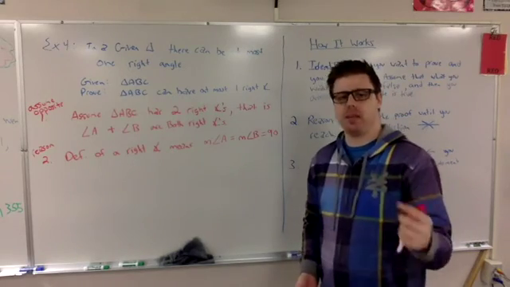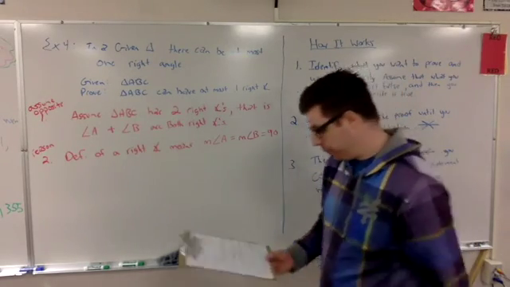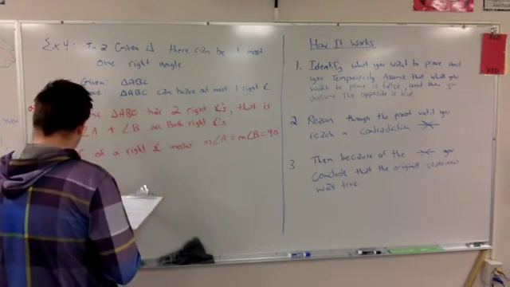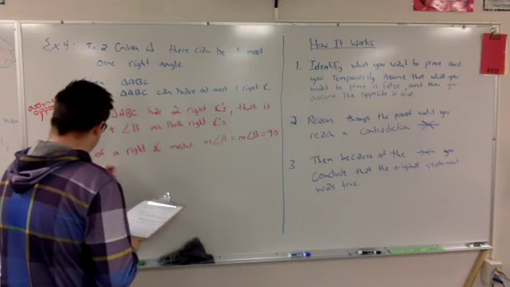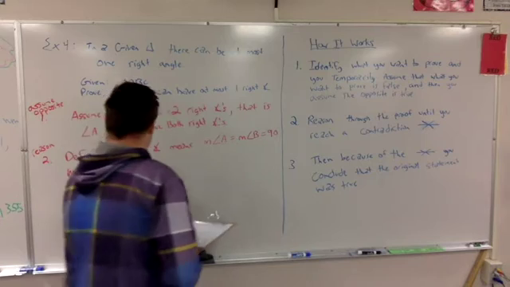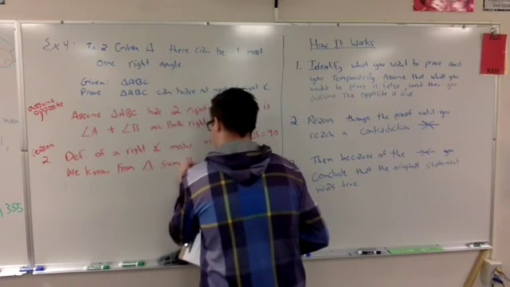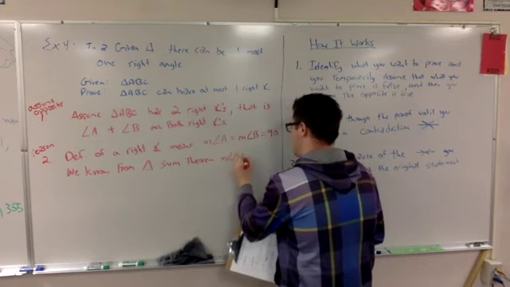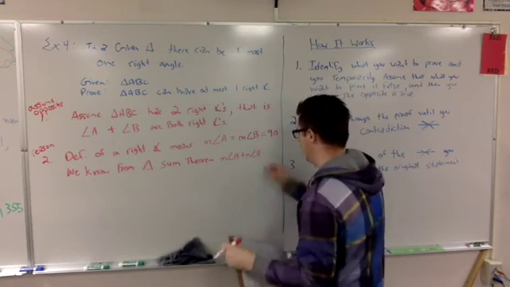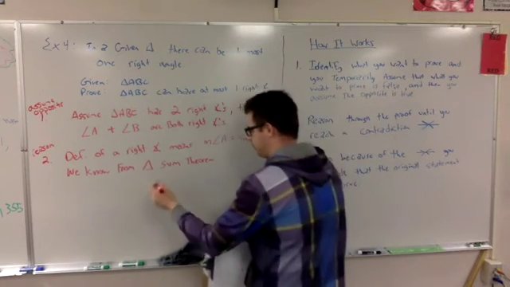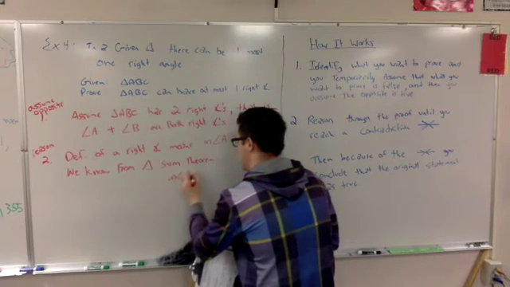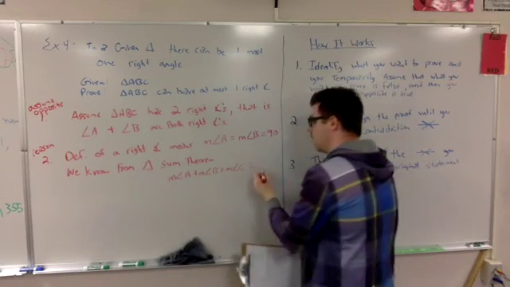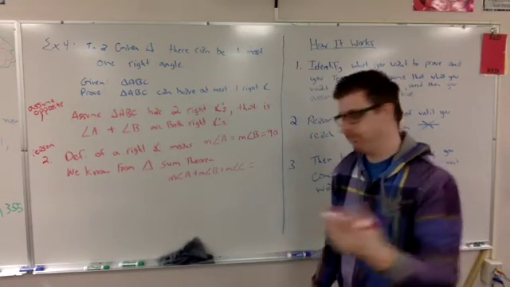What do we know about the sum of the angles of a triangle? Well, we know from the triangle sum theorem that the measure of angle A plus the measure of angle B, let me write this on a new line because I'm running out of room, plus the measure of angle C has to equal how many degrees? How many degrees are there in a triangle?